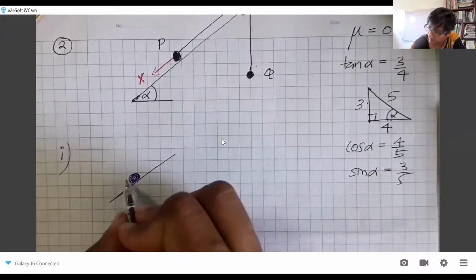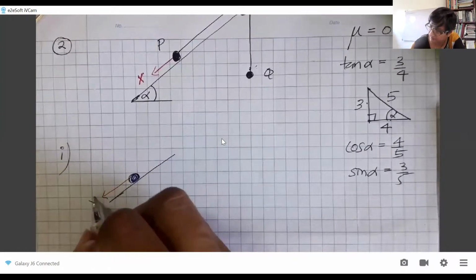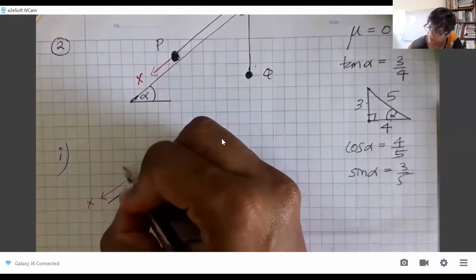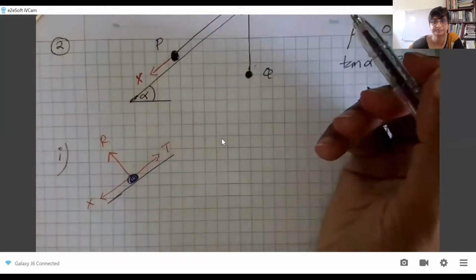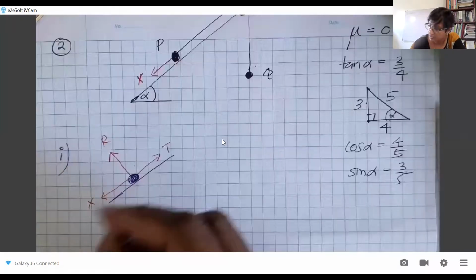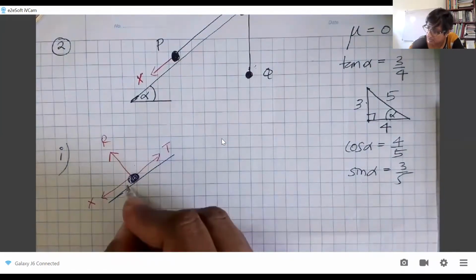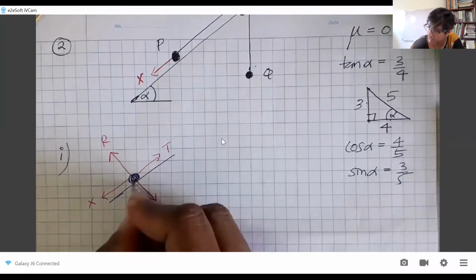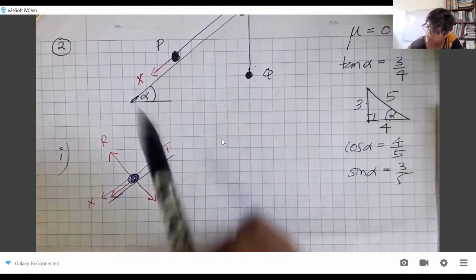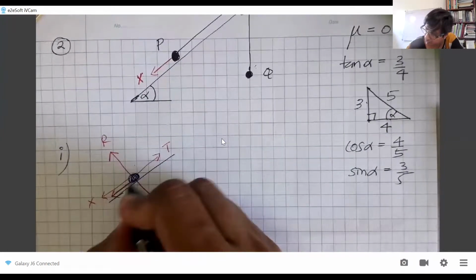Here's X. Here's R. Here's the tension from the string. The weight I will split. Shall I split the weight? This is the weight. I will draw that in black. Components of weight.